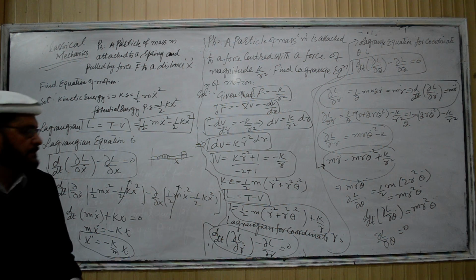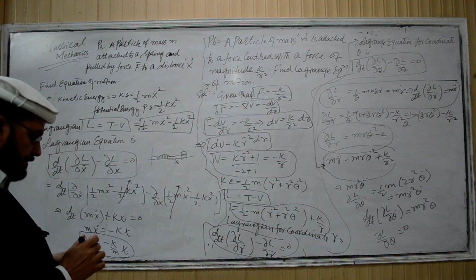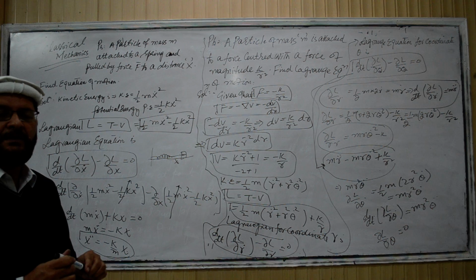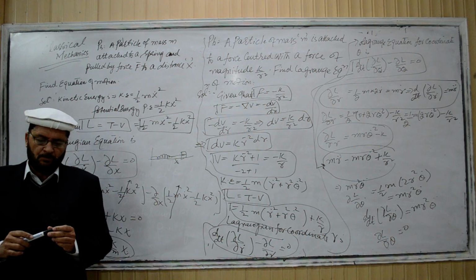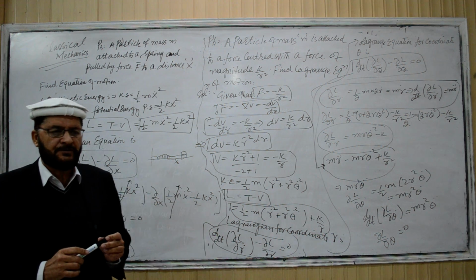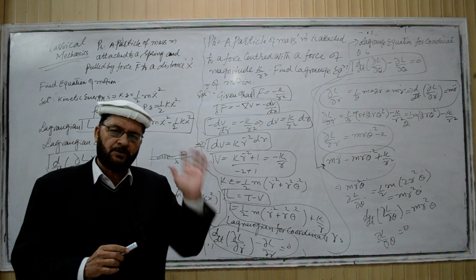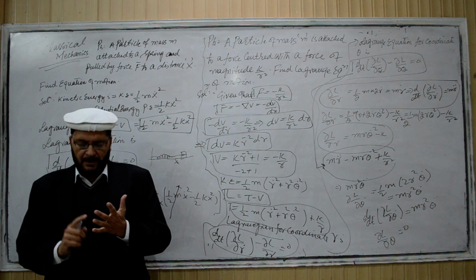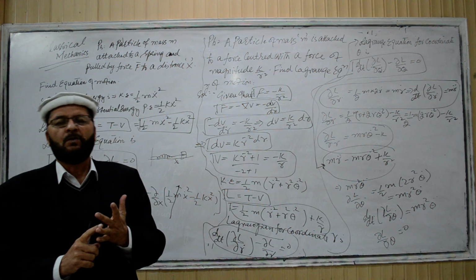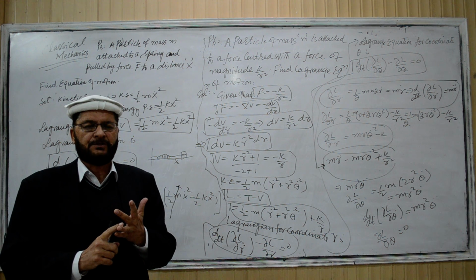So this is the equation of motion when there is a mass attached to a spring and that mass is pulled by a force F covering a distance x. Here we have taken its kinetic energy 1/2 m x dot square and its potential energy 1/2 kx square, elastic potential energy.